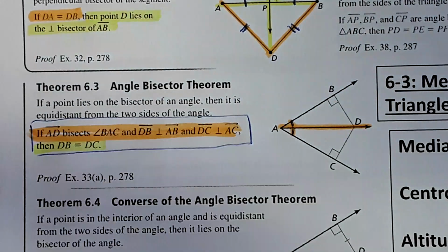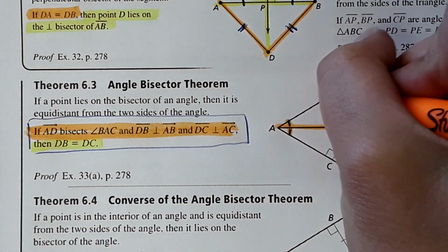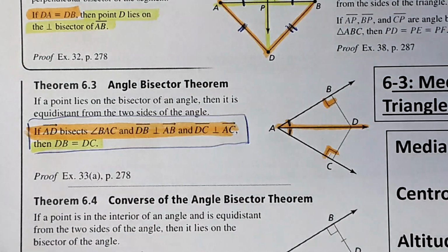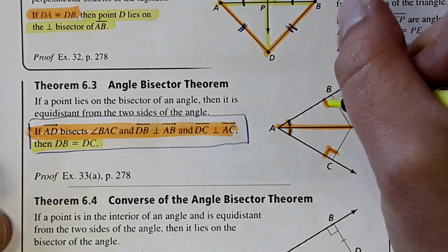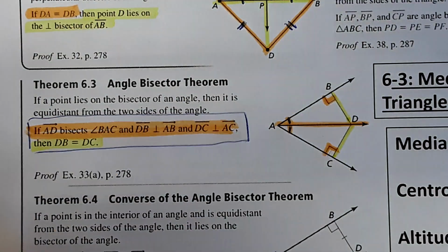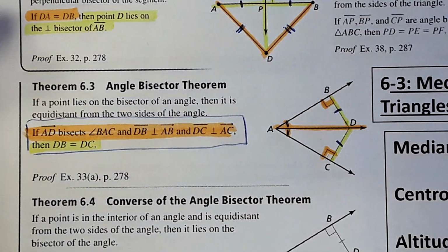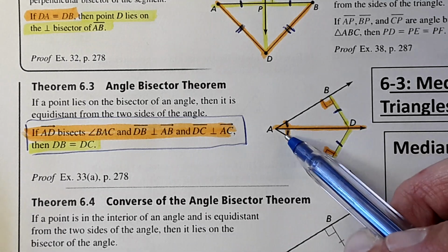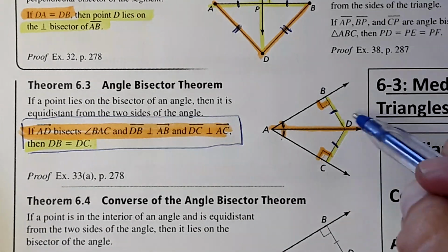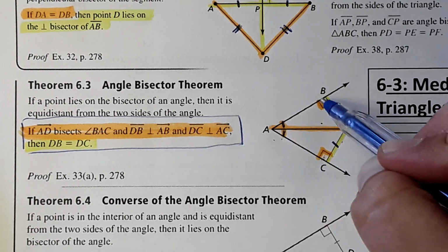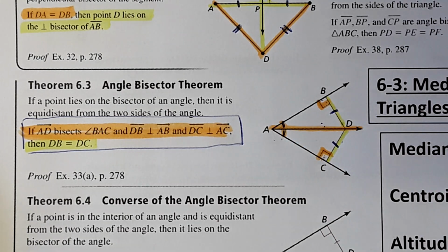It's also saying that DB is perpendicular to BA. So this is perpendicular and this is perpendicular. If these two conditions are met, then you can say that BD is equal in length to DC. So you can say that this is the same length as this. So again, angle bisector theorem, if this is perpendicular and these two angles are the same, then these are the same. You could also use side, angle, side to prove that the triangles are congruent, but it doesn't state that.